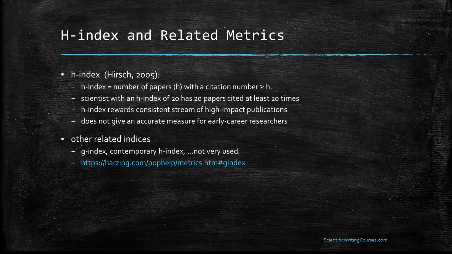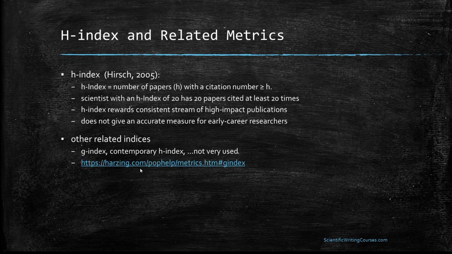So there are other related indices that I'm not going to define, like the G-index and contemporary H-index, that are not very used. Actually, some people don't even know that they exist. If you want a list of all the indices related to the H-index and its variations, you can visit this website, harzing.com, in this link.